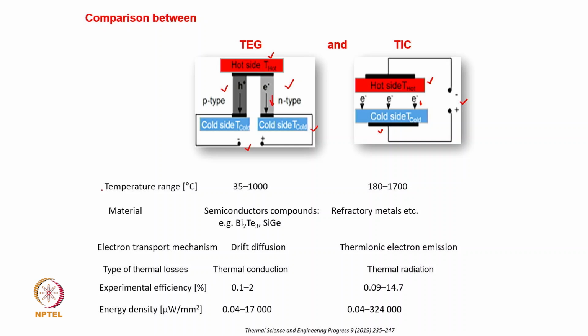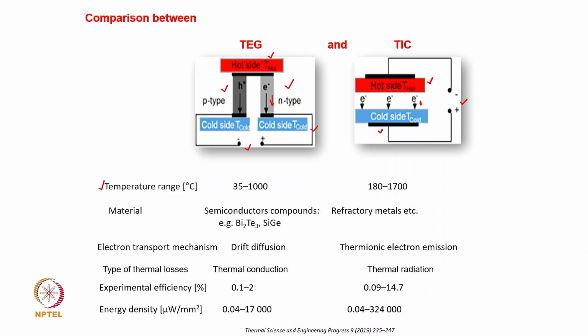So, let me first see this temperature range in degree centigrade. Generally we have seen for TEG, the temperature is not beyond 1000. In fact, you do not want to operate at very high temperature, but depending upon which material you use, you can increase the temperature difference.